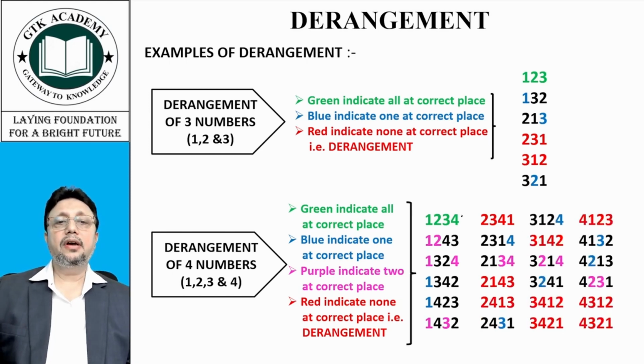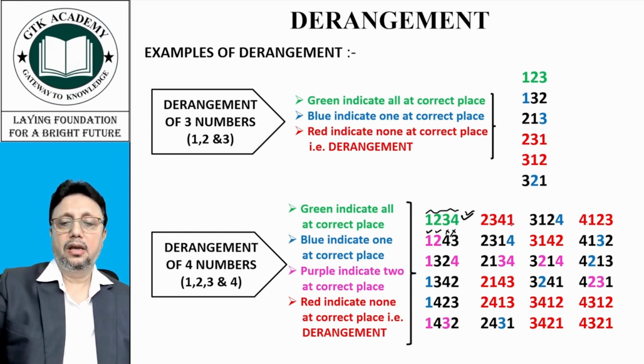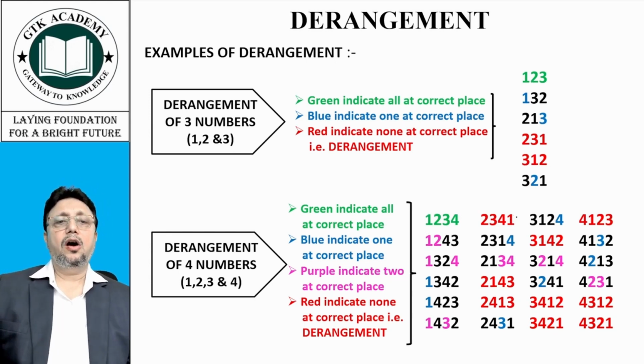Now you can see here, in one permutation, every number is at its correct place. It will be 1 only. Then here, 1 and 2 are at correct place, 4 and 3 are not at their correct place. Similarly, you can see for the others. If you want, you can just pause the video and see. Now here, how many derangements?